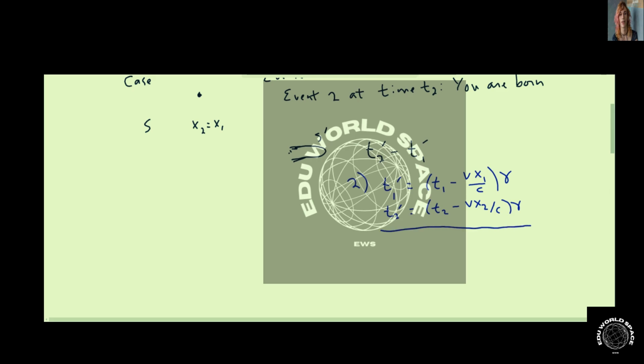Of course, the position information will go away. But what we see very readily is that t2 comes after t1 in the Earth frame, which means t2 prime comes after t1 prime in the moving frame of this rocket ship.